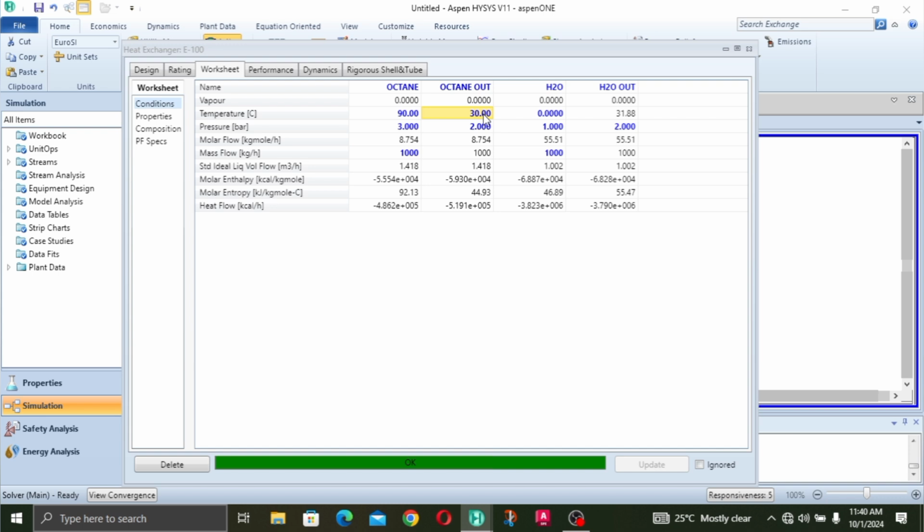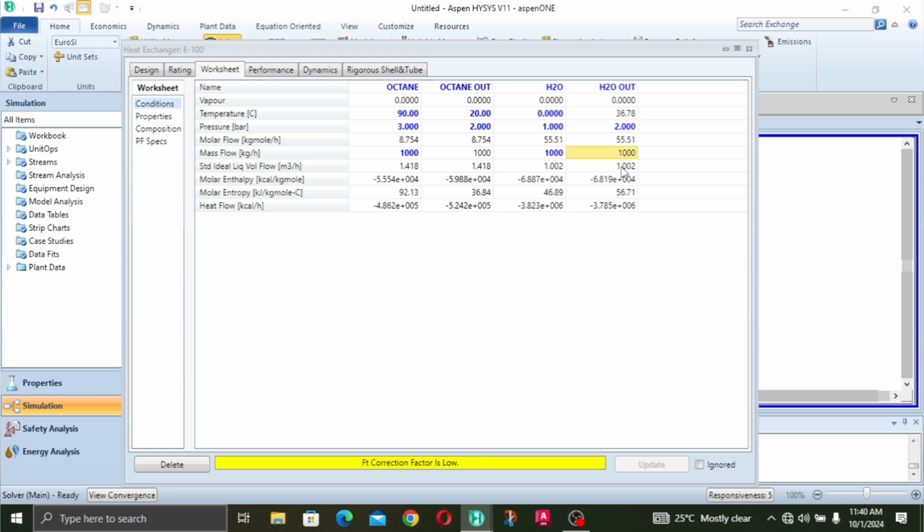So let's say we increase this change in temperature for our octane and make it 70 to 20 now, having a negative 70 loss of heat. Let's say it's 20 Celsius right now. Voila. We have a temperature for our hot stream outlet of 20 and an outlet for our cold stream of 36.78 Celsius.